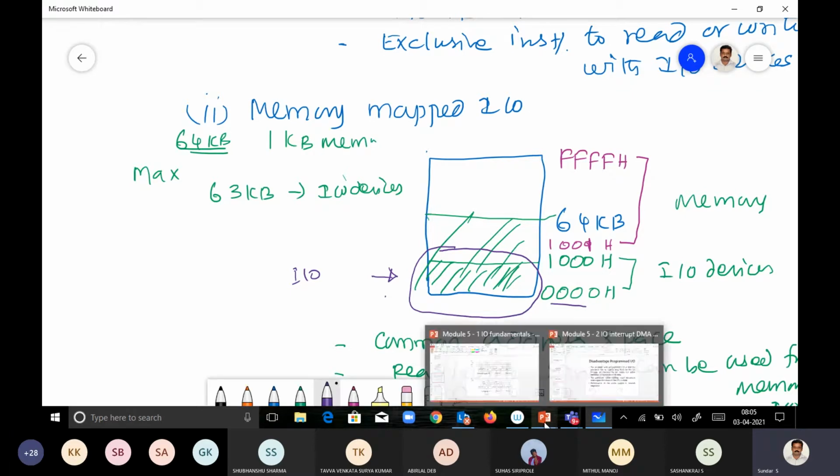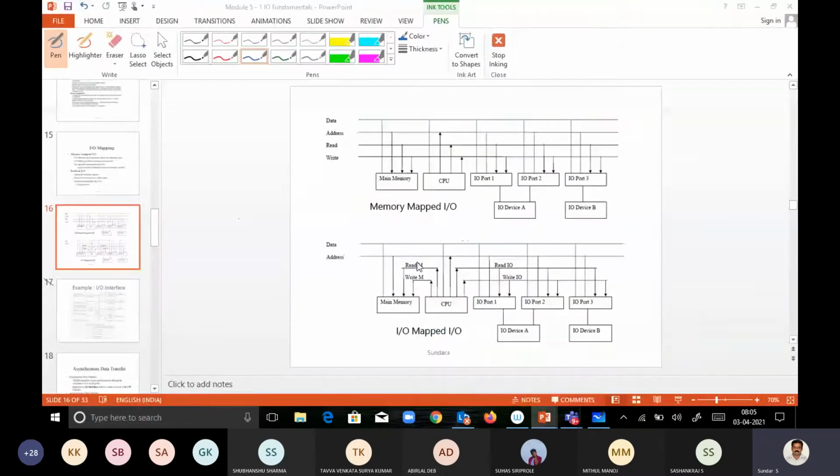Okay, right. So in that case, let us take the same example. If the CPU generates 1000, it will send that address on the address line here.